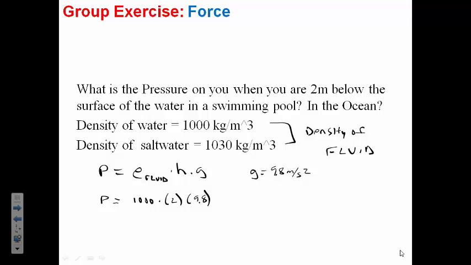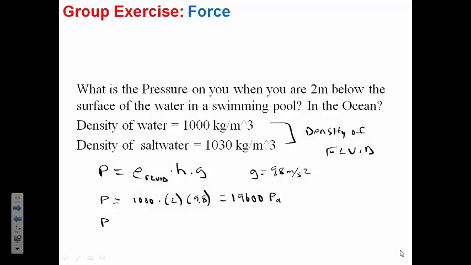So when we look at the pressure, we take our 1,000 times 9.8 times 2, and we get 19,600 pascals.